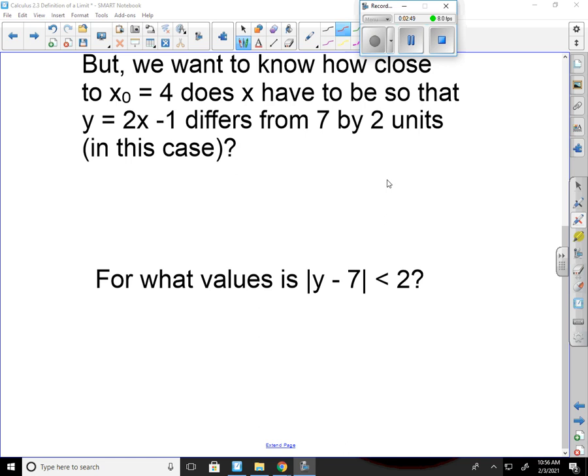In order to figure out what values would be less than 2, I have to go back to my old methods, which is why we reviewed all that Algebra 2 and pre-calc stuff in the beginning. If I have an absolute value inequality, that means I need to do y minus 7 is less than 2 and greater than negative 2.